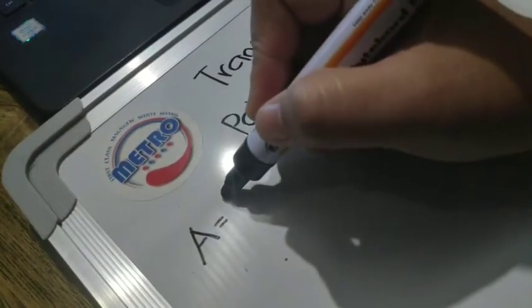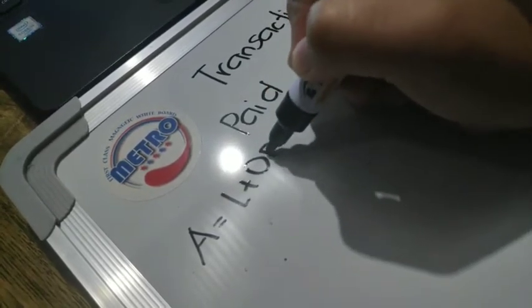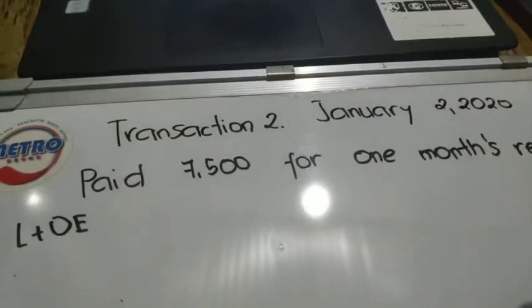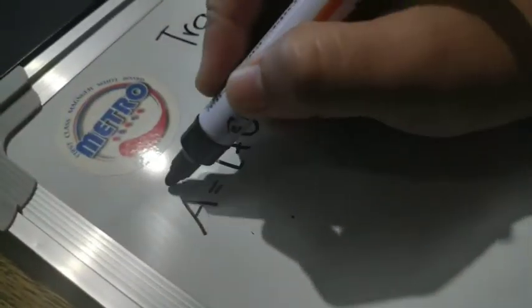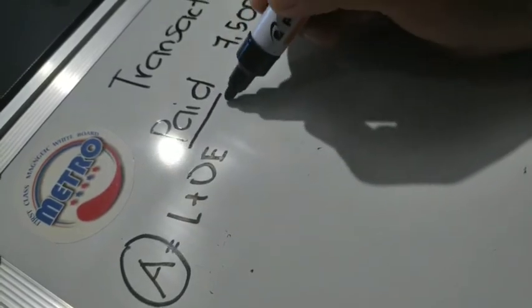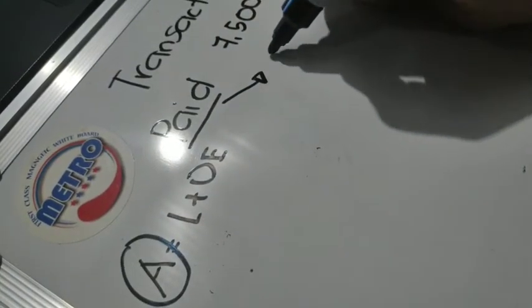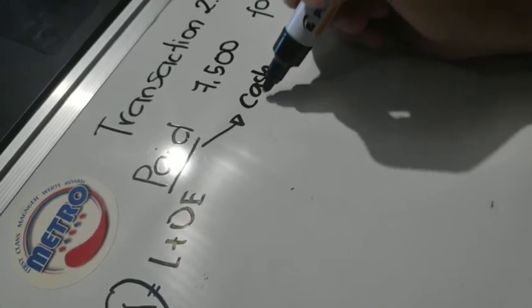Assets equals liabilities plus owner's equity. In this problem, it affects your accounting equation in the asset account. Why? From the word paid, it means you released money to pay your rent.